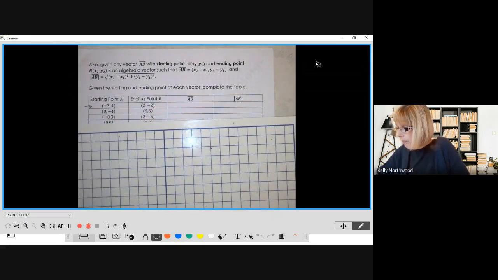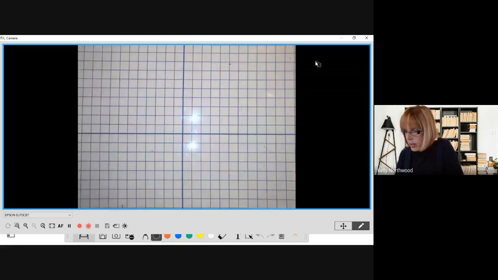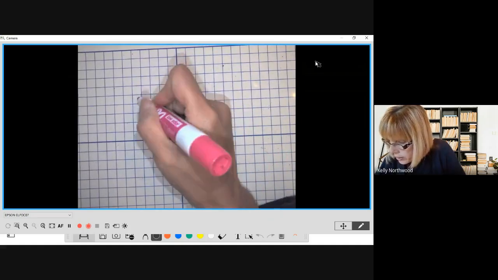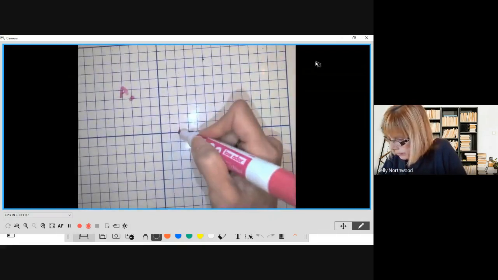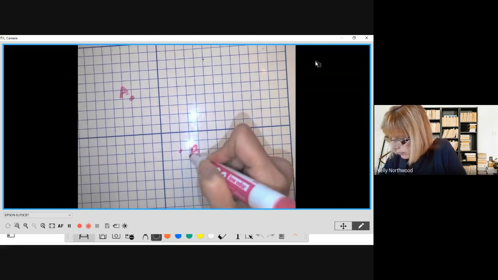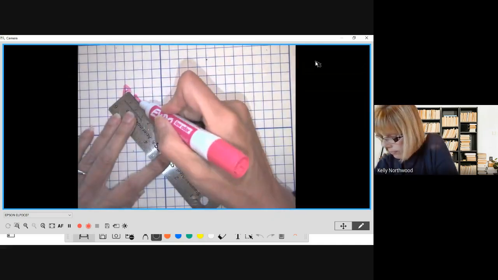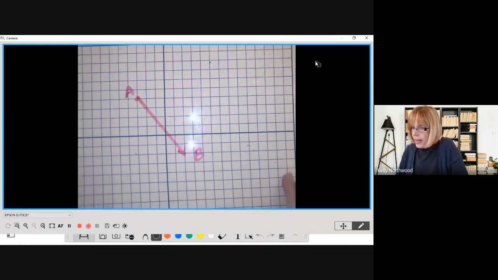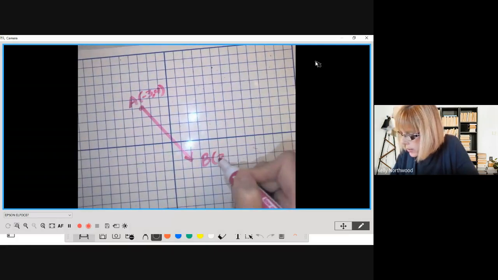So it's saying that it's the vector that joins the points (-3, 4), I'm going to draw it on here, that's my point A, and my point B is (2, -2). So my vector would look like this. And I'll just quickly write on what point A was and point B was.